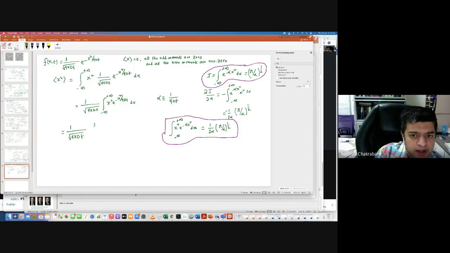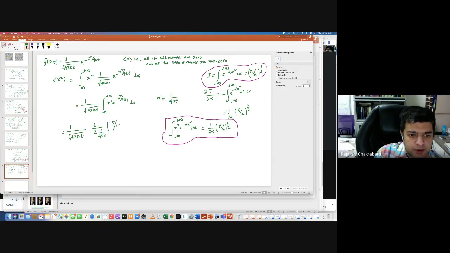So it should be 1 by 2 times root pi by alpha.